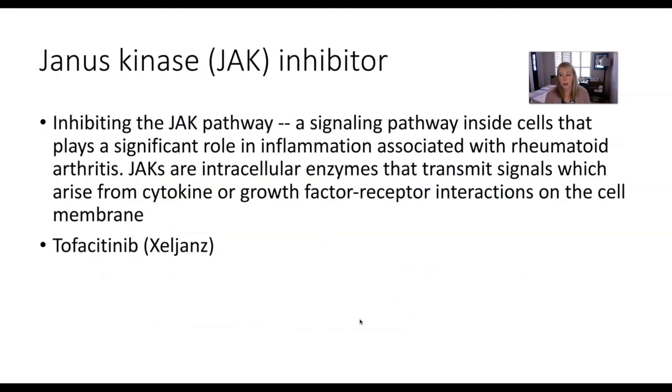The JAK, Janus kinase inhibitors: we have a pathway, which if you want to look that up, go ahead, but it's a signaling pathway inside your cells that has to do with inflammation, hence rheumatoid arthritis. They're enzymes that transmit signals from the cytokines and growth factors.